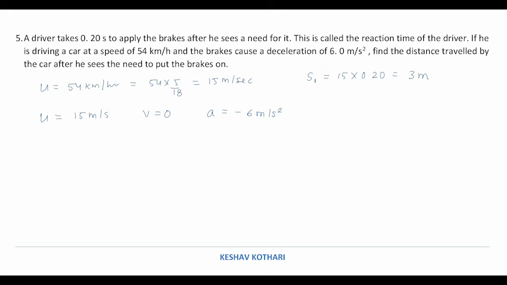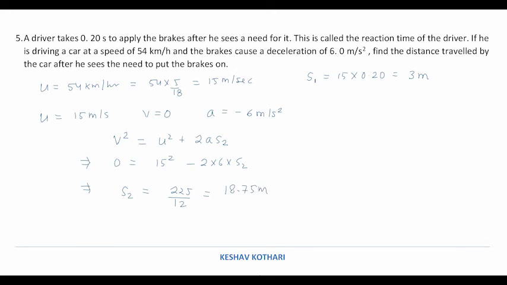We are calling it s2 and we calculate it as v square equals u square plus 2a s2. 0 equals 15 squared minus 2 into 6 into s2. So from here we can calculate s2 equals 225 divided by 12, which is equal to 18.75 meter.